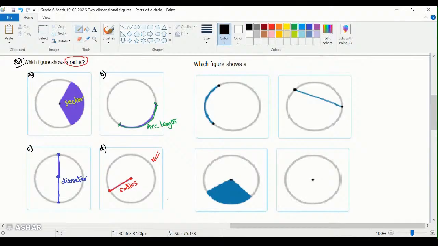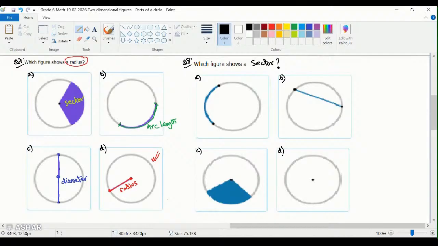Question number 8. Which shows a sector. So if the options were A, B, C, and D, and you're going to answer, you write 8A, 8B, 8C, or 8D, so that I know specifically which question you are answering.